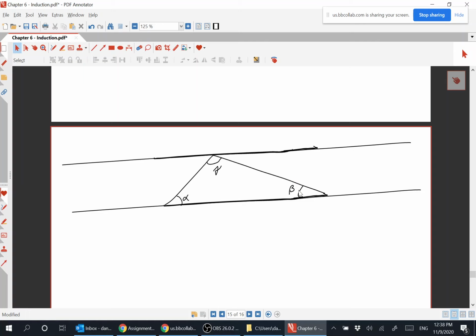And those two lines are parallel. So now we've got a couple of transversals here, this transversal and that transversal. And we're assuming this bit about parallel lines cut by transversals creating congruent angles.